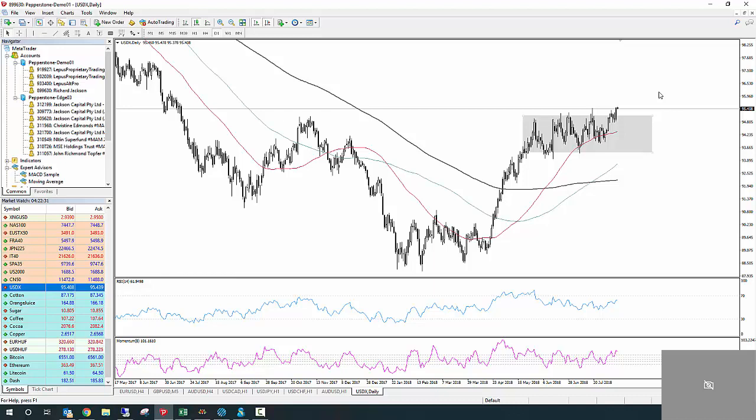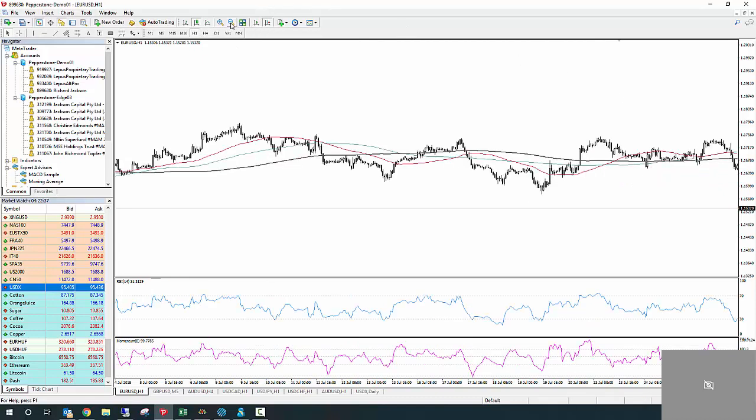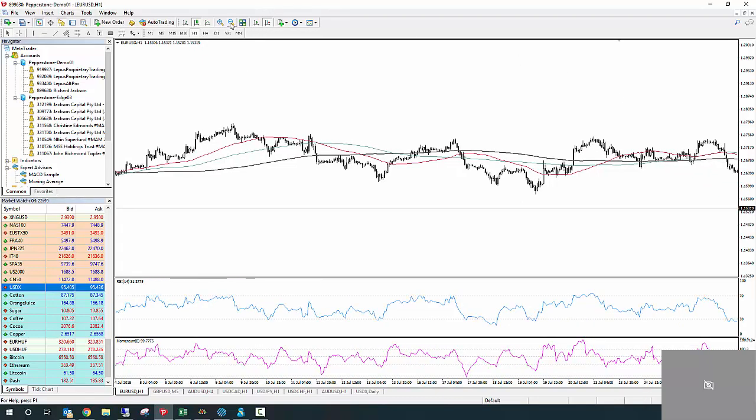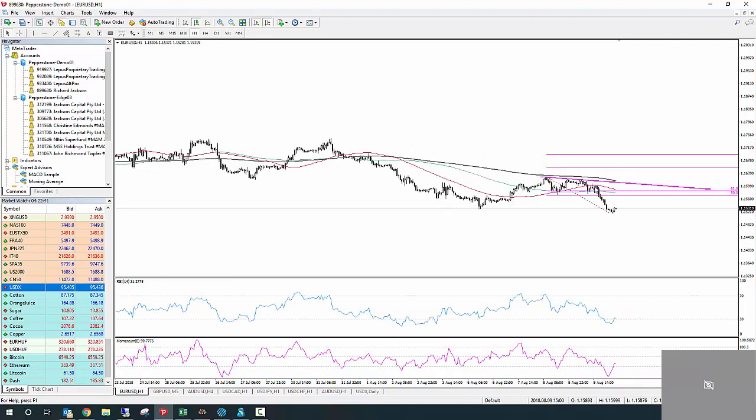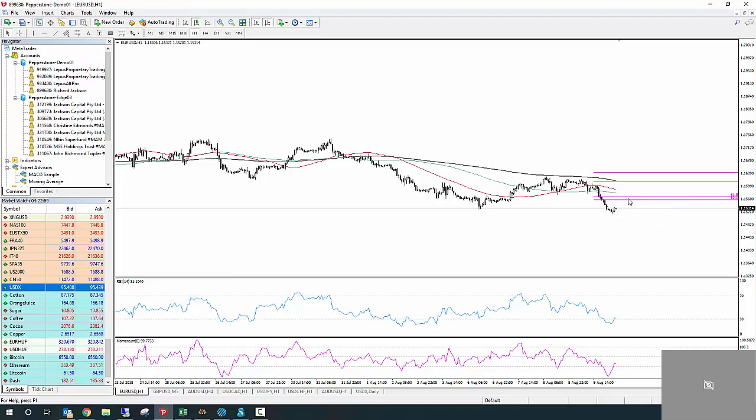But if you want to follow the trend and stay true to the trend, which is currently a downtrend, then we might want to take this last leg back up to the 50 and see what happens at the 50. But make sure that 50 coincides with the two moving averages. If they're not there, then don't do it.